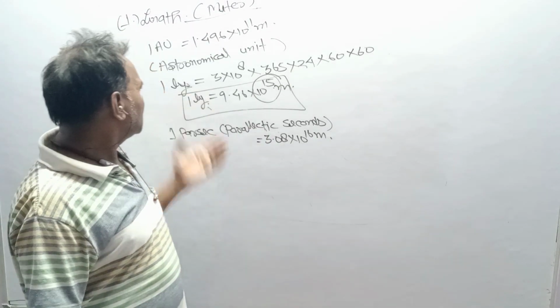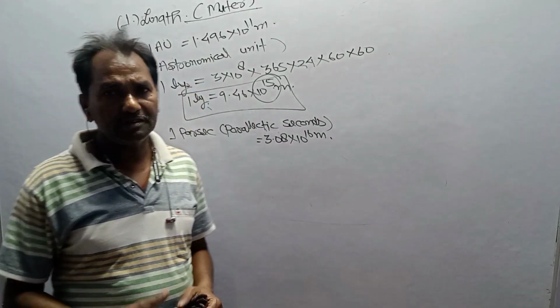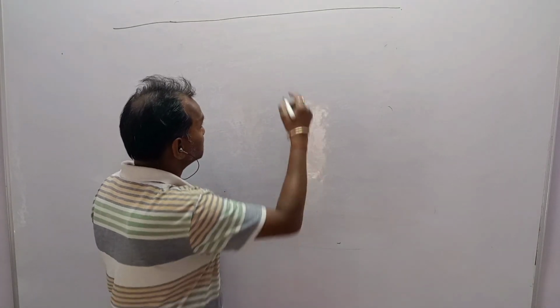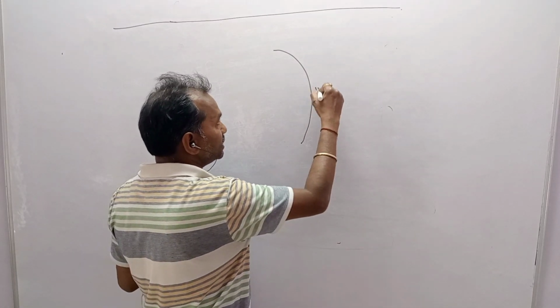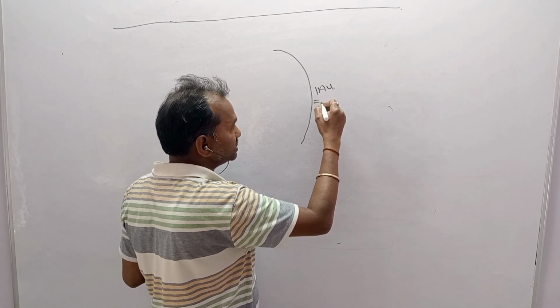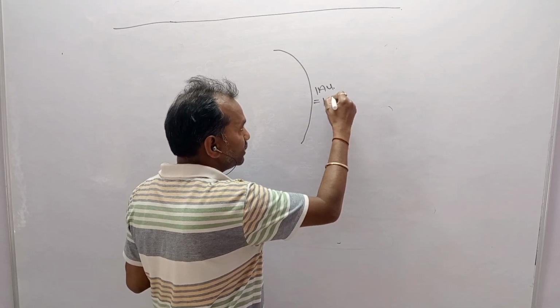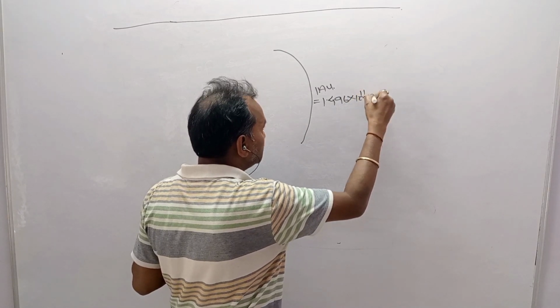Now, like the light year, which you defined as the distance traveled by light in 1 year, we have to define 1 parsec. Dear students, this is an arc of 1 astronomical unit. 1 astronomical unit, I have told you a few moments earlier, is 1.496 into 10 to the power 11 meter.